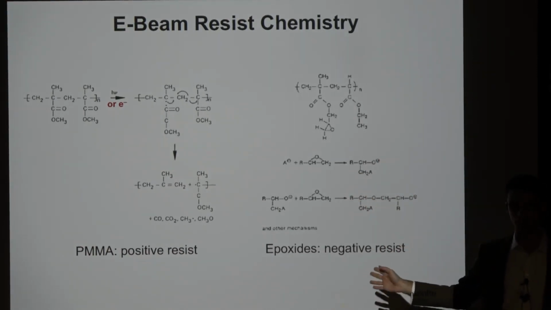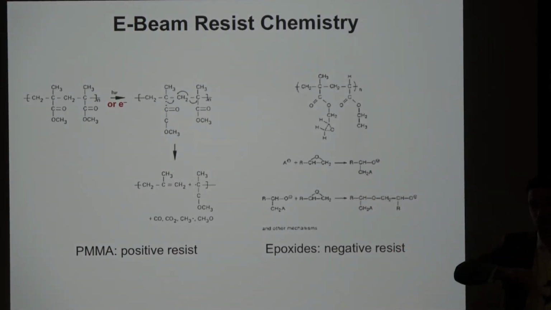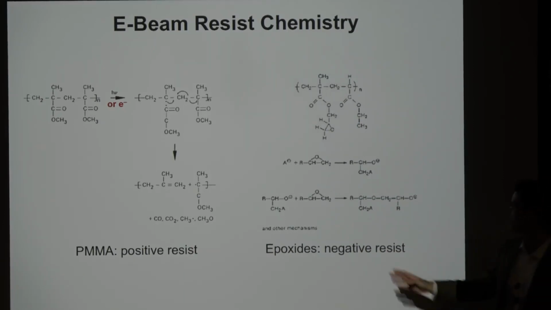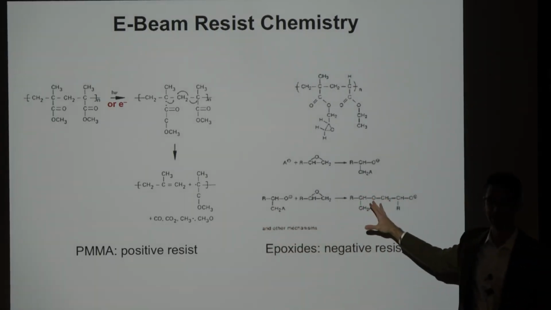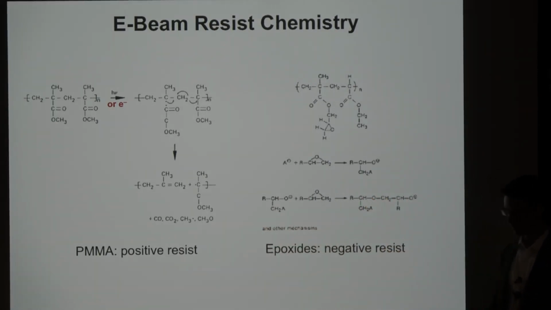Don't worry about that for our purposes, but the point is, when you irradiate it with electrons, an electron beam, or with light, you tend to cross-link the film, so you make it hard and insoluble. So here you make it soluble, here you make it insoluble, where the beam impinges on the film. So therefore you get a negative resist pattern. The pattern you get in the resist film is the opposite of what you have in the mask.